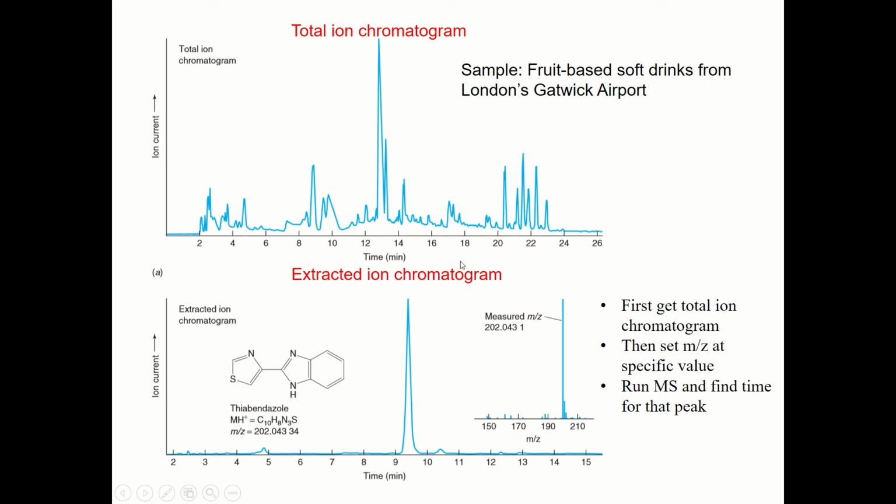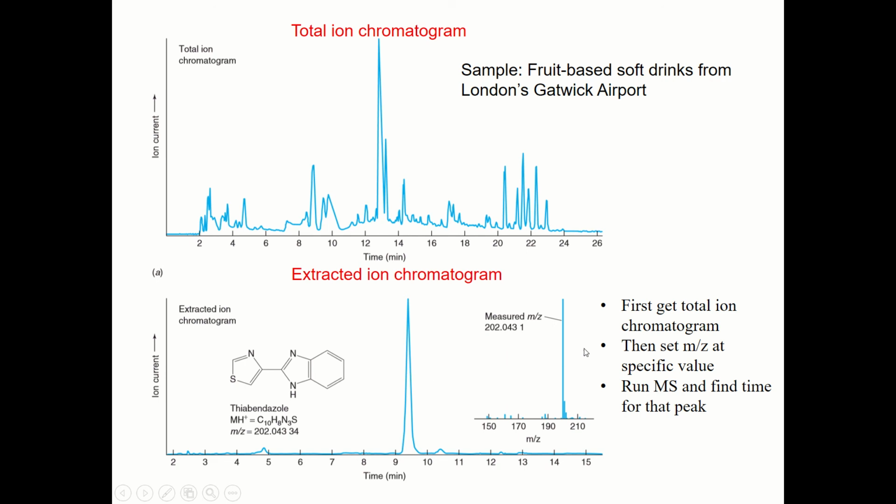In this case, you scan the entire spectrum, and for example, if you want to detect this molecule, this is bendazole, and you know the mass to charge ratio, you set your mass spectrometer at this mass and run, and then you get this one.